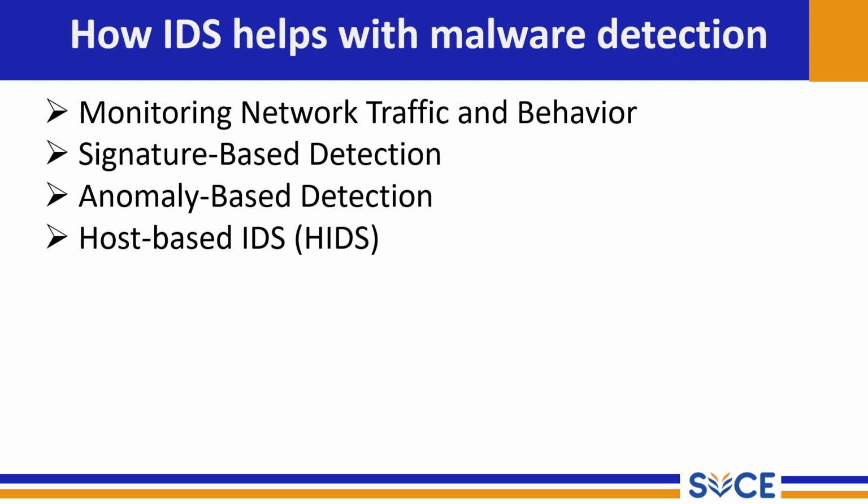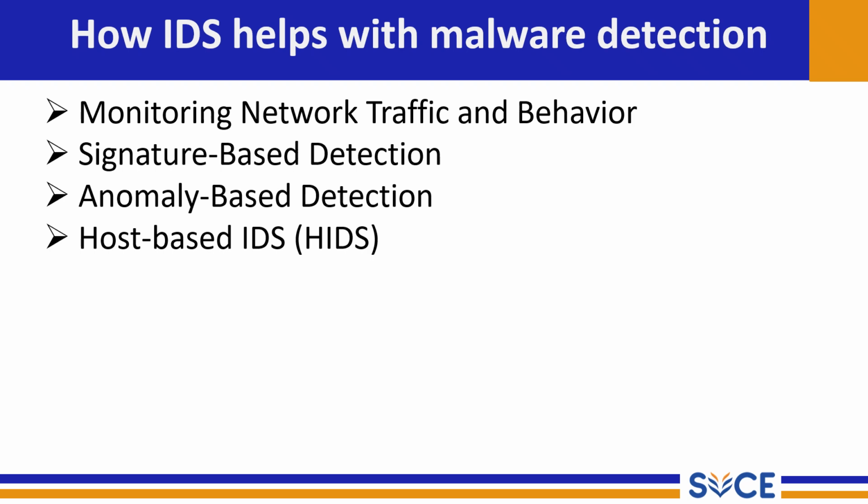One of the examples of IDS tools is Snort, a widely used open-source network-based IDS. I hope you are all working on Snort, which is used in the computer network lab. And Suricata is another popular open-source IDS or IPS solution that can be used for both detection as well as prevention.